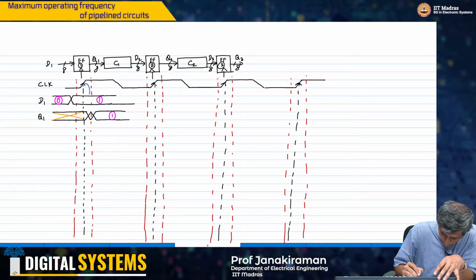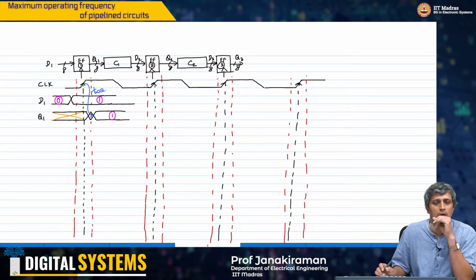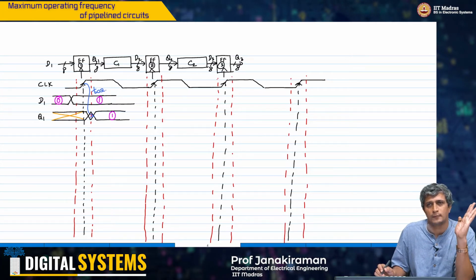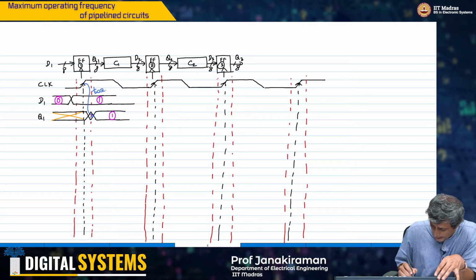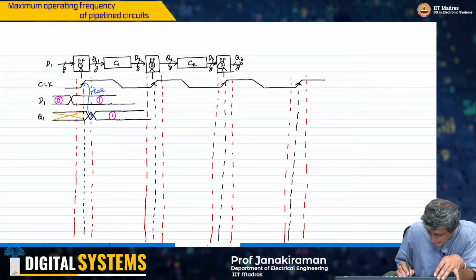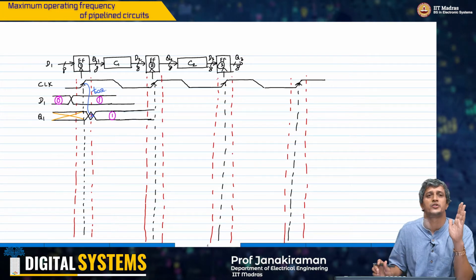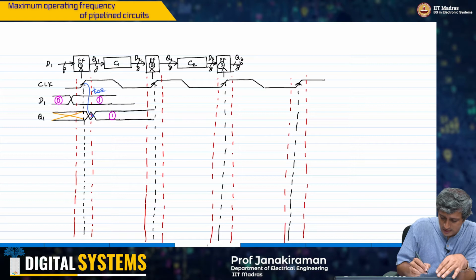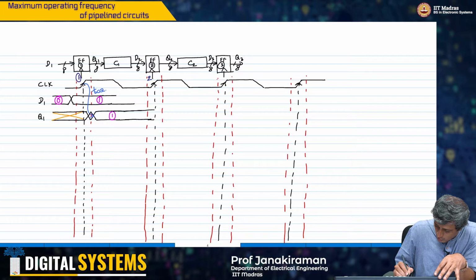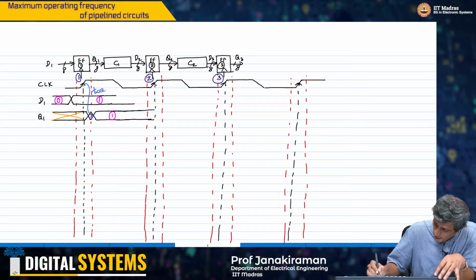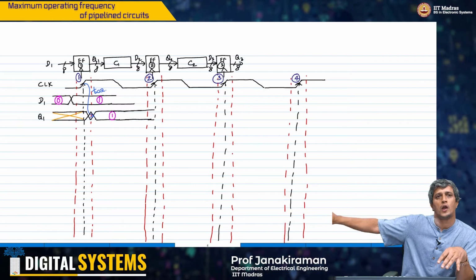This delay from the clock edge to this point is called TCQ, the clock-to-Q delay. After that, Q1 will simply remain at the same state until the next clock edge. So this is clock edge 1, 2, 3, 4 and so on.